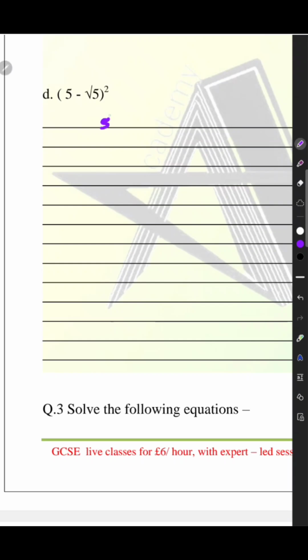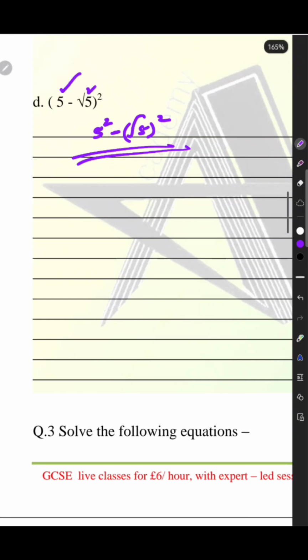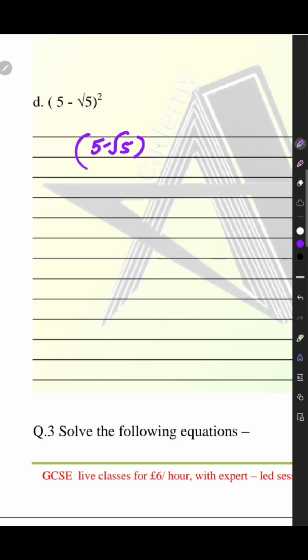They square 5 and they square root 5. No, that is in the case of a plus b times a minus b, a squared minus b squared. You don't have to square this and square this. That is utterly wrong. 5 minus root 5 means 5 minus root 5 times 5 minus root 5.